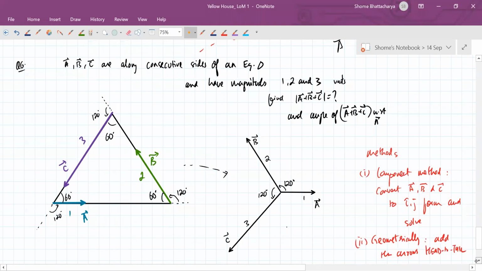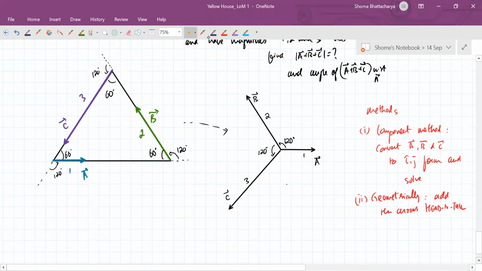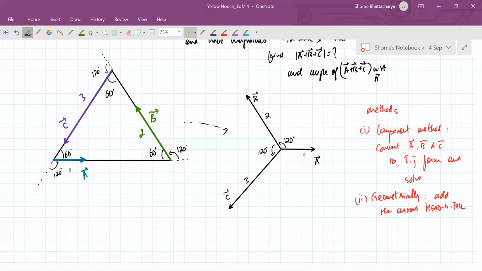So see, if you go by the component algebra method, so यहाँ पे क्या करो, you can just take this sort of direction as your x-axis and this sort of direction as your y-axis. So अगर हम xy axis ऐसा लेते हैं that A is along the x-axis, so then we'll be able to express A as i cap.